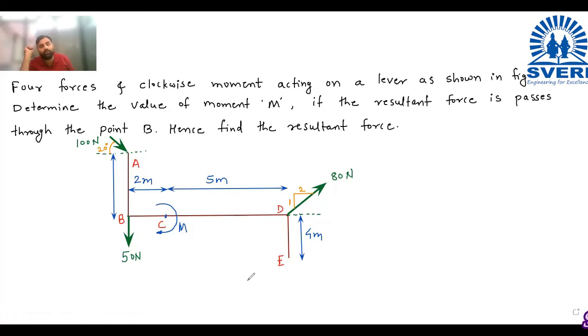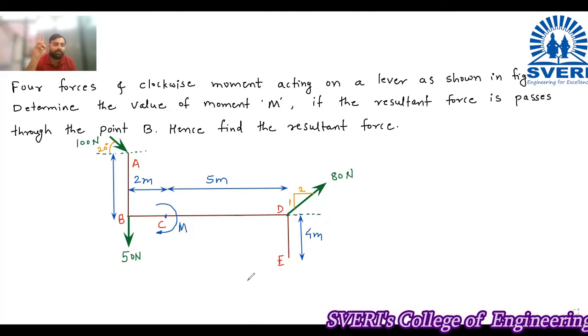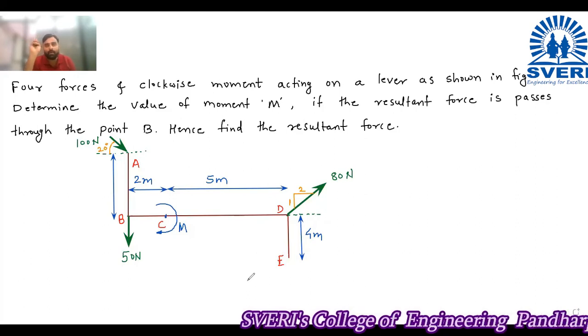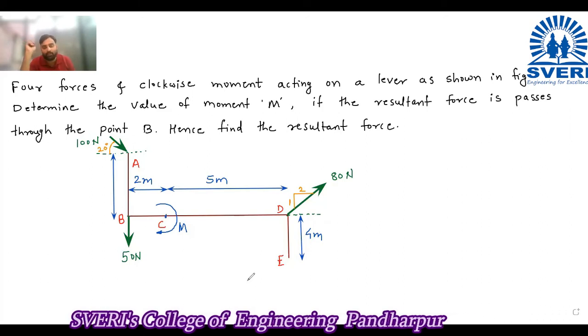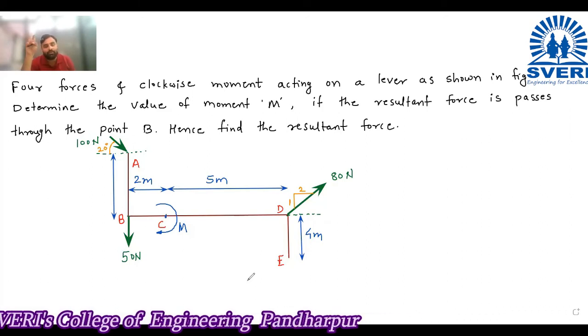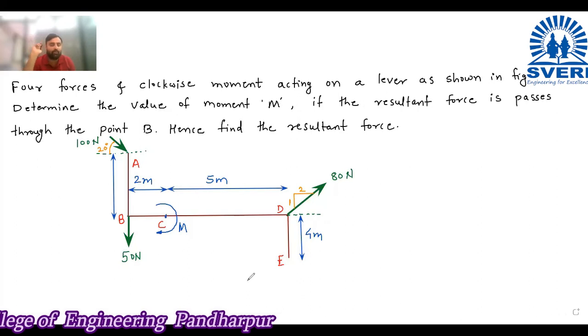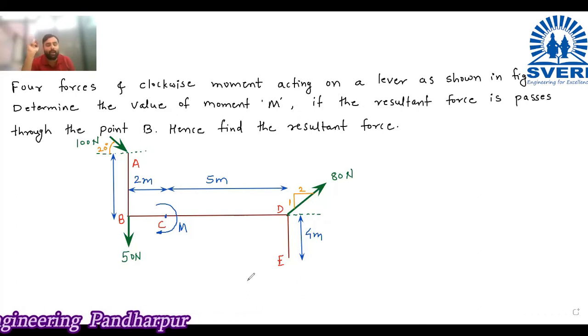First we will find the resultant. We will calculate summation Fy and summation Fx. We know the formula. From that we can calculate the resultant R and alpha also. First of all we will calculate that, and later on we will see what to do with this M.